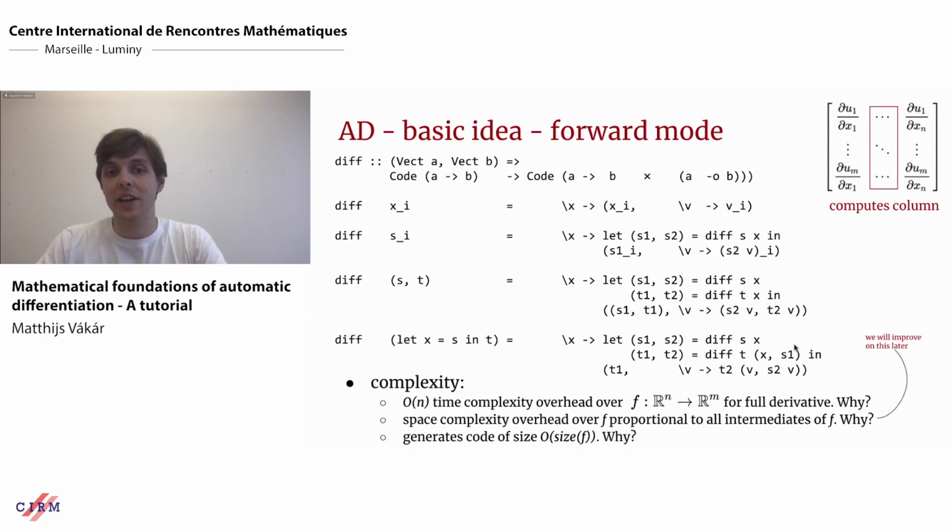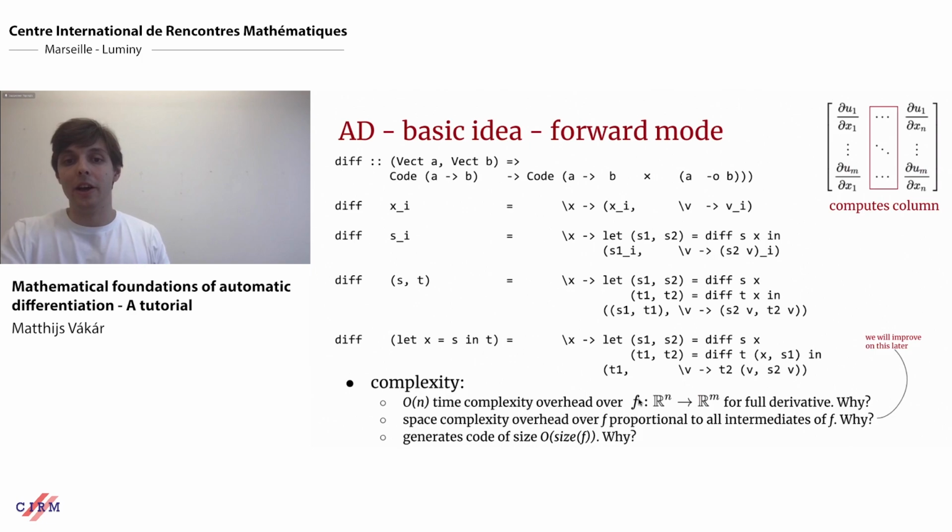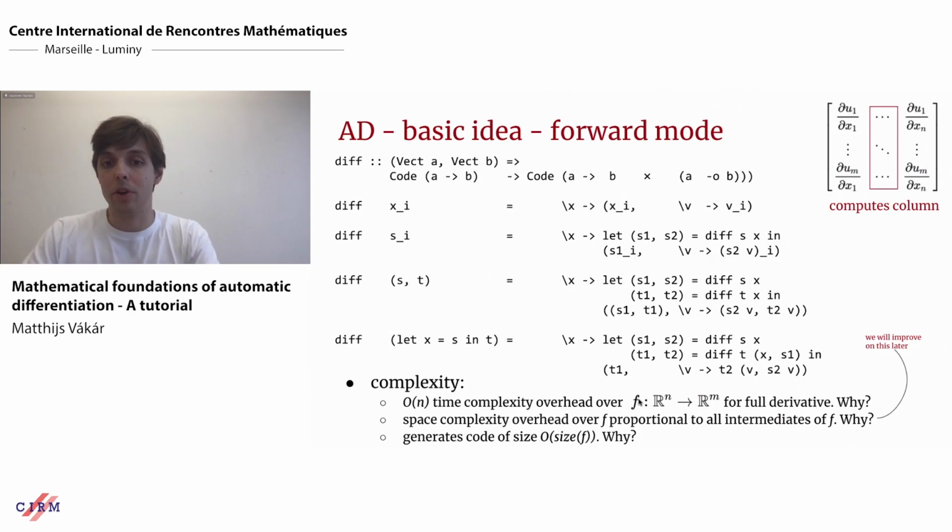The reason is that this technique calculates the full matrix of derivatives with an O(n) time complexity overhead over the original function. So it calculates a column in the same time complexity as the original program.